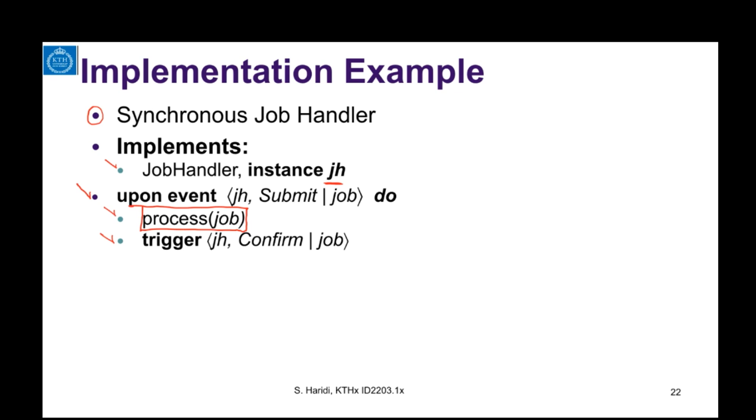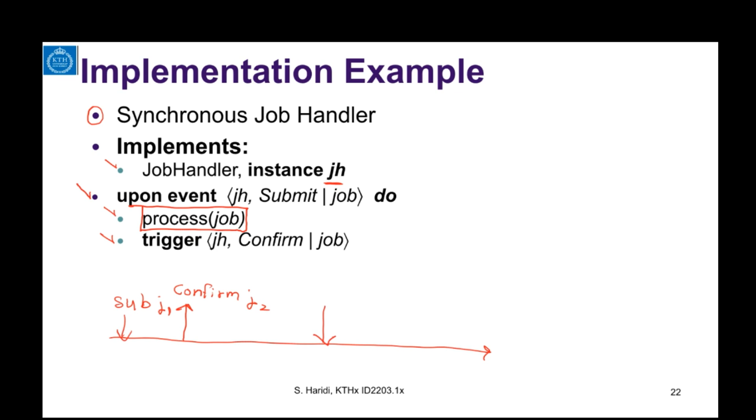So first we did a process, and this is, in a sense, a correct implementation because it accepts submit events and triggers confirm events. And as you can see in this execution, for every submit event, we will immediately get a confirm. We submit job J1, we get a confirm J1.